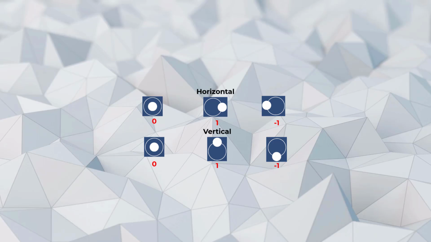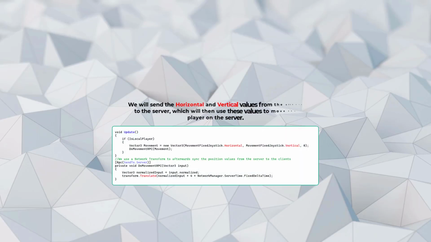The vertical property also gives a value of 0 when the joystick is centered, a value of 1 when moved up, and a value of -1 when moved down. We will send the horizontal and vertical values from the clients to the server, which will then use these values to move the player on the server.